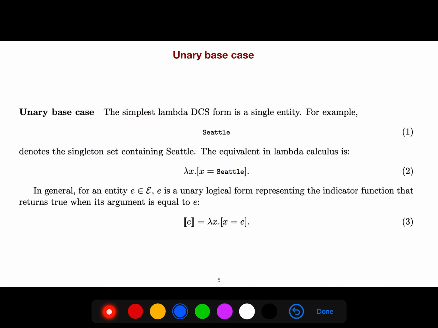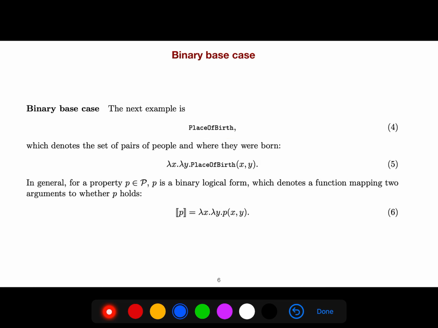And the unary base case: the simplest Lambda DCS form is a single entity. So the simplest thing is just unary. But if we go to relations like in a knowledge graph, we have place of birth. It connects two entities together. So it becomes a binary case. And we handle that with just dots.